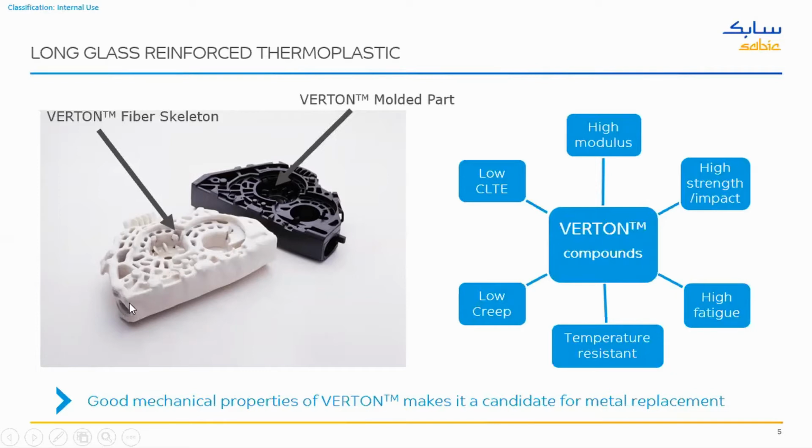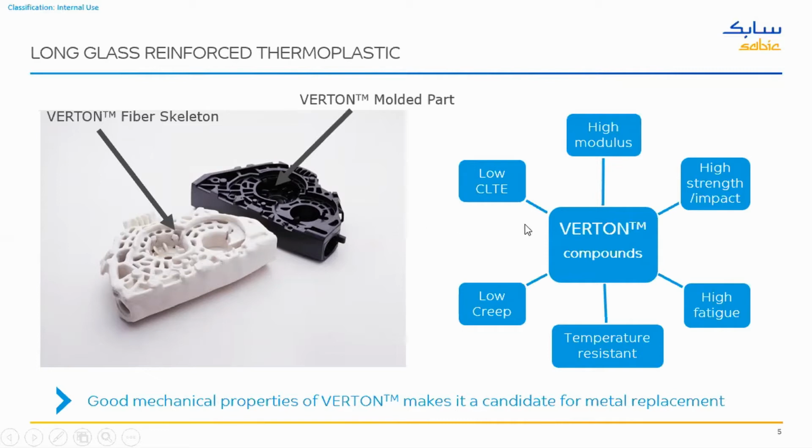So what you see predominantly is just the fibers. This gives a good illustration of how the long fibers help to maintain the shape and stability of the part, which is one of the very important factors in designing a part. Also, having these longer entangled fibers helps to give better mechanical properties such as higher impact, higher stiffness, and strength.